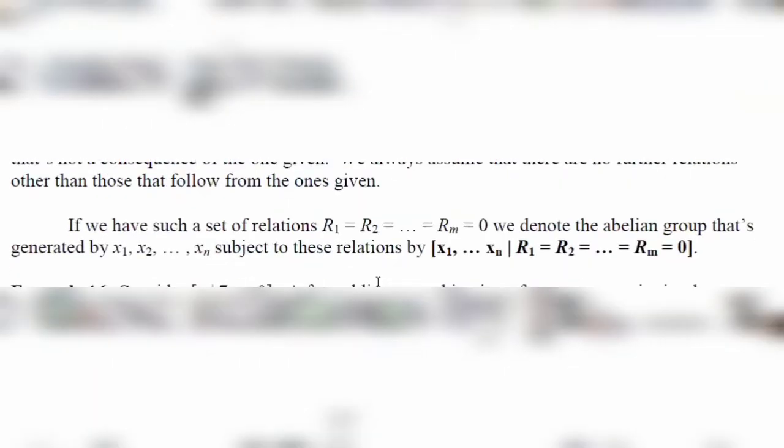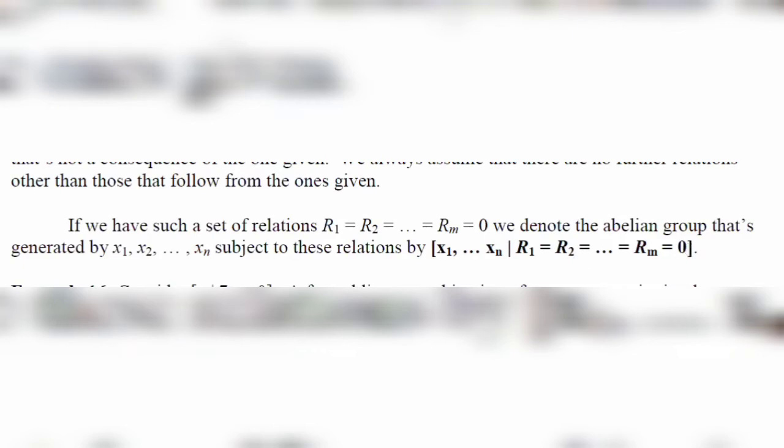If we have such a set of relations, R1 equals R2 equals up to the mth term, we can denote our abelian group that is generated by these variables subject to these relations by this. We can simply write it in this form, with our generators and relations.